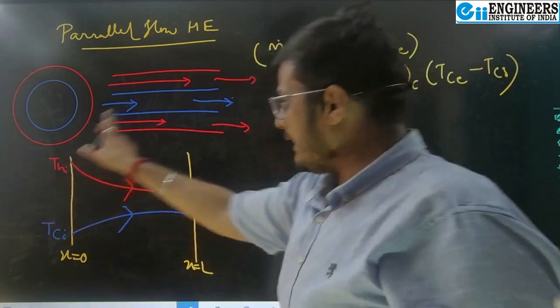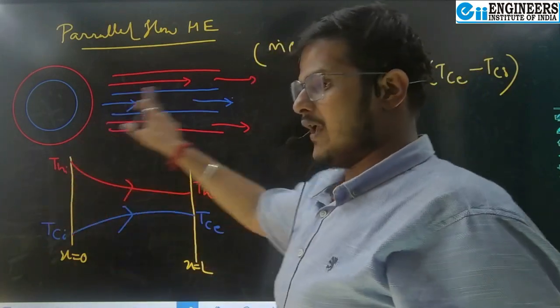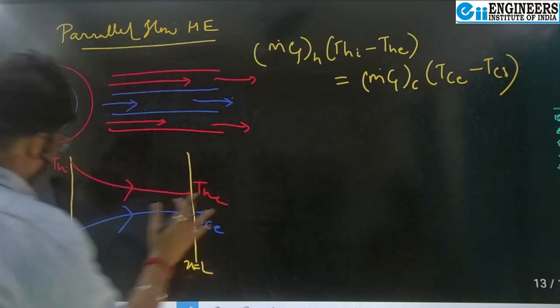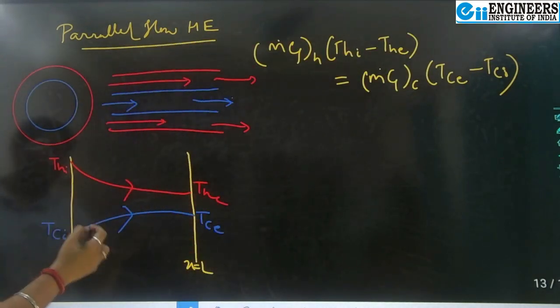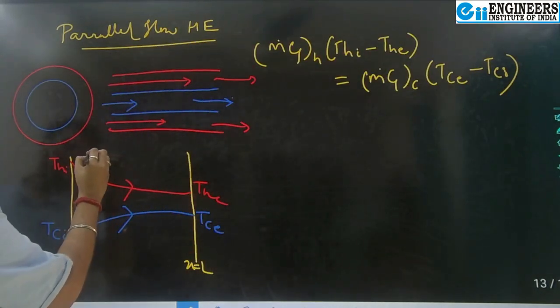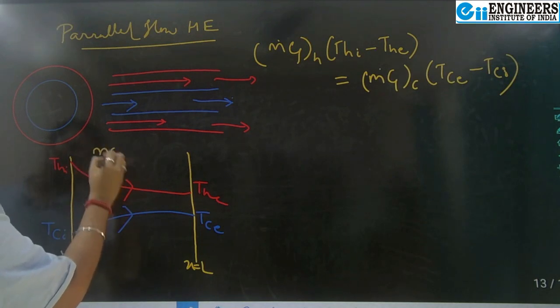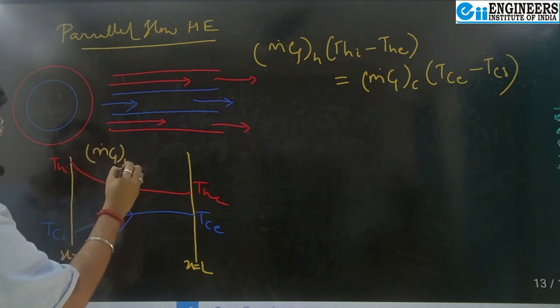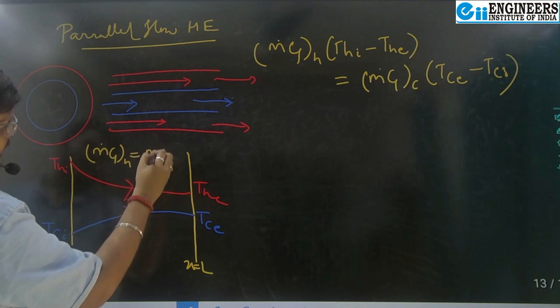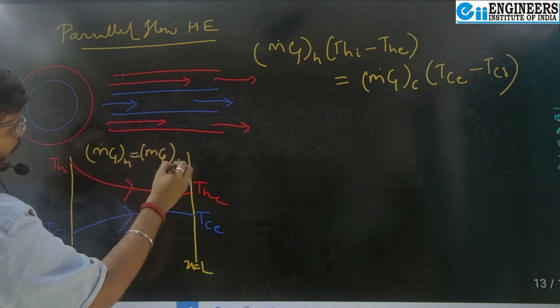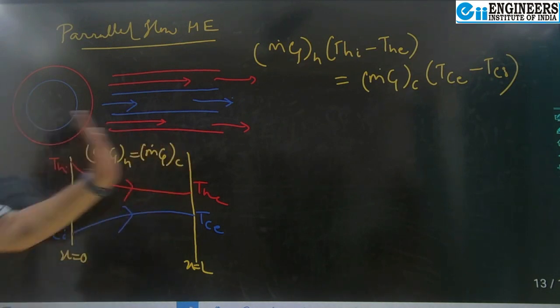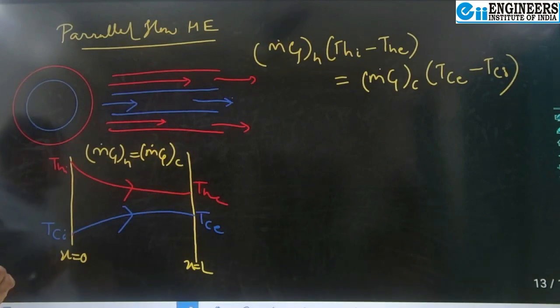That means we will observe this type of temperature profile. So for what case is this? If the heat capacity of the hot fluid is equal to the heat capacity of the cold fluid, then this type of temperature profile is observed.